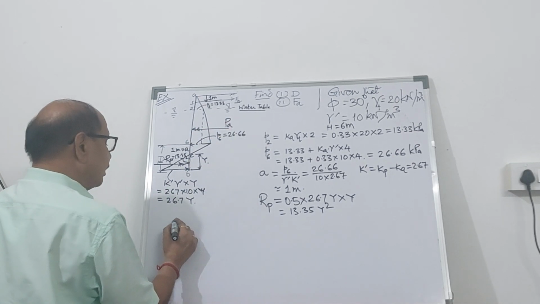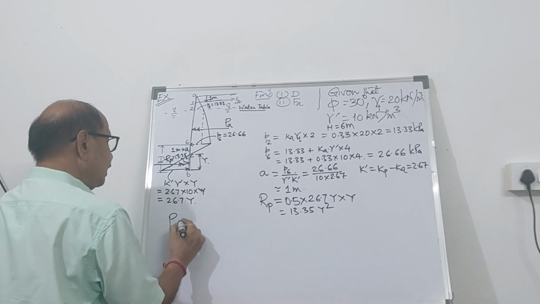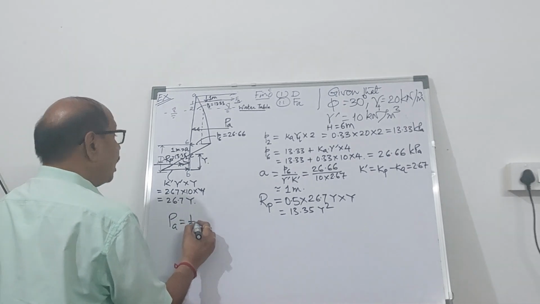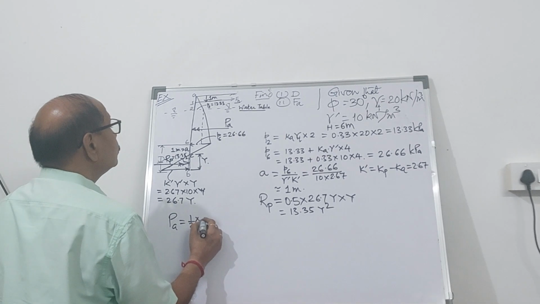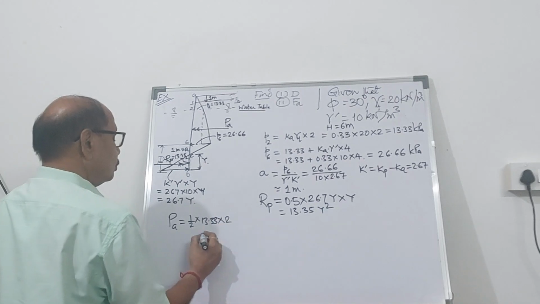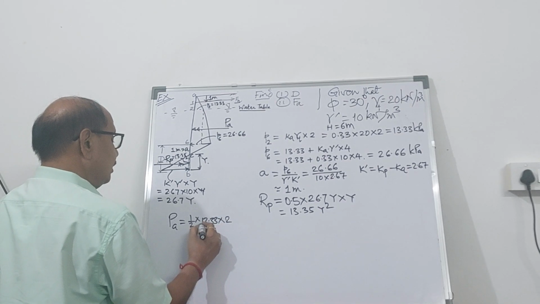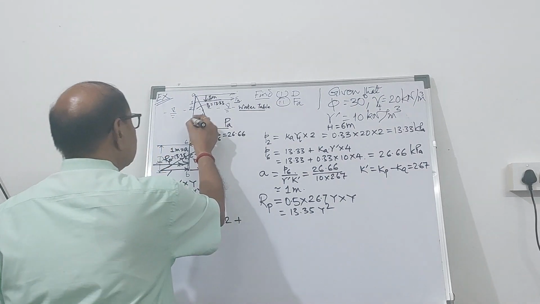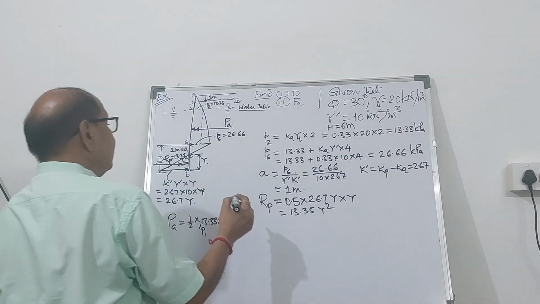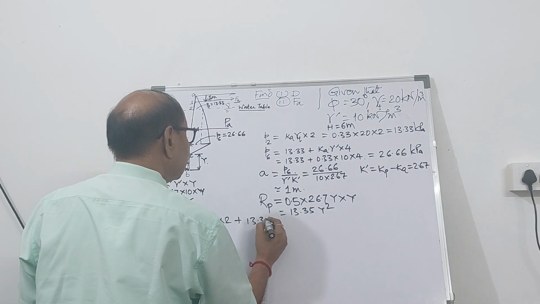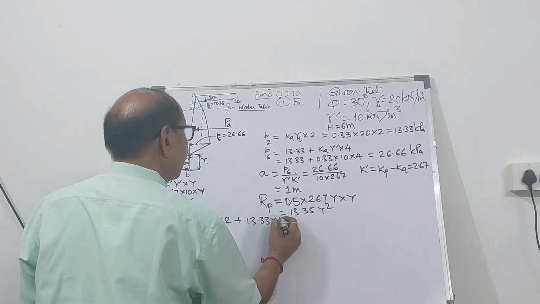So we need to find out the magnitude of the active thrust. This will be half into 13.33 into 2. Let's say this is P1, and plus the second area is a rectangle, that is 13.33 multiplied by 4.